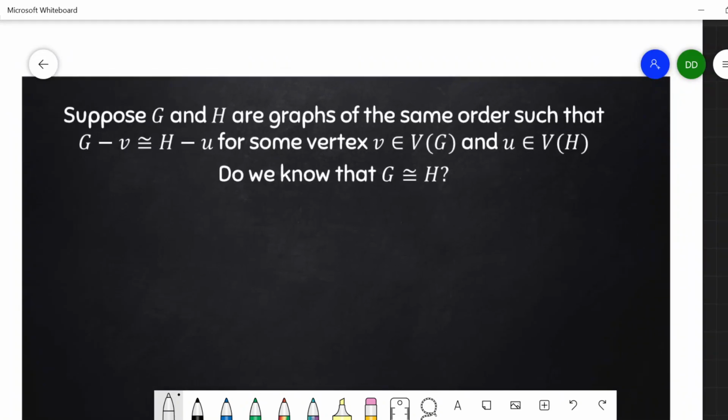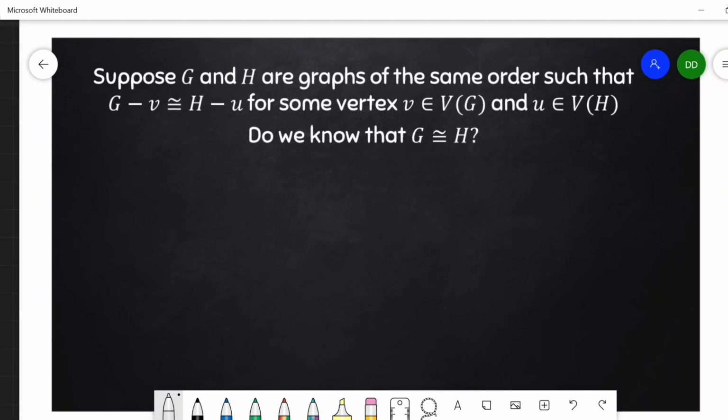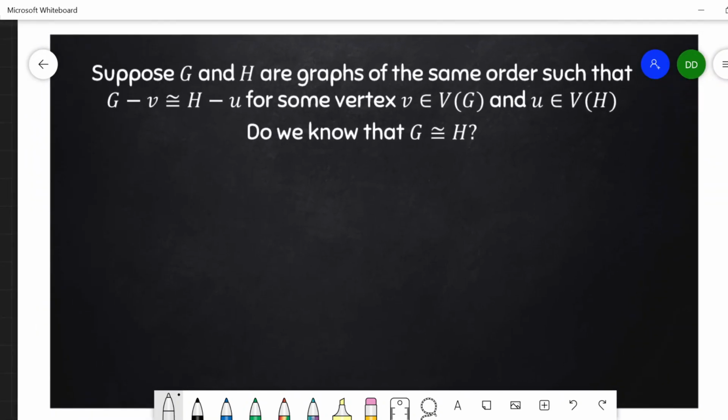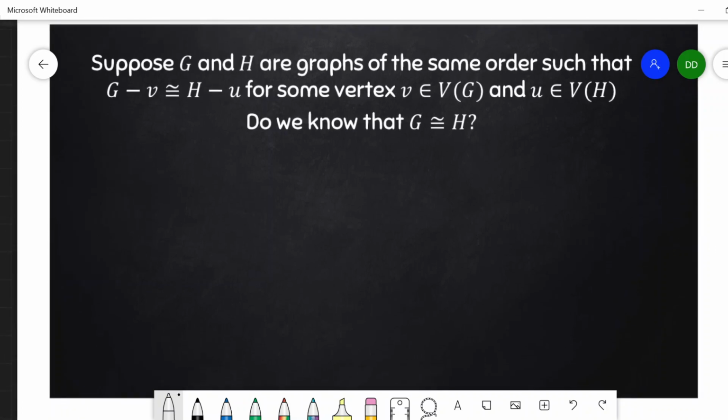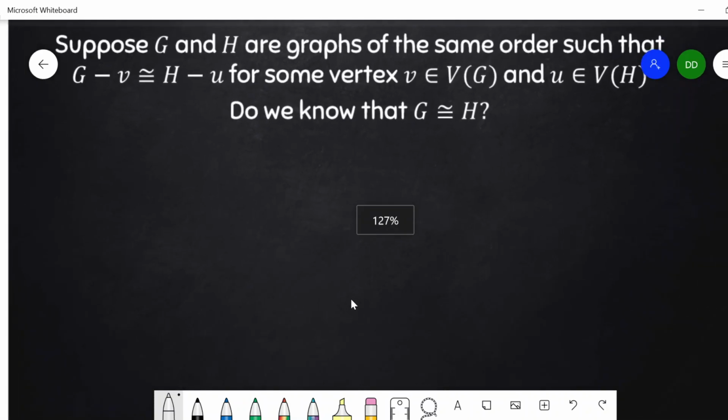Well, let's suppose we have two graphs, G and H, of the same order, such that G minus V is isomorphic to H minus U for some vertex V in G and some vertex U in H. Do we know that G is isomorphic to H? Well, I claim no, we don't.